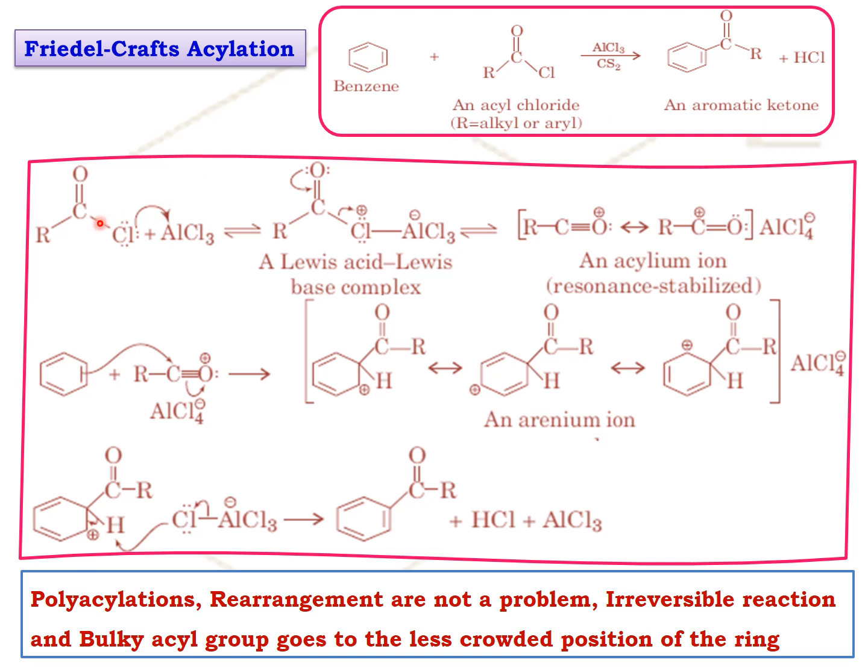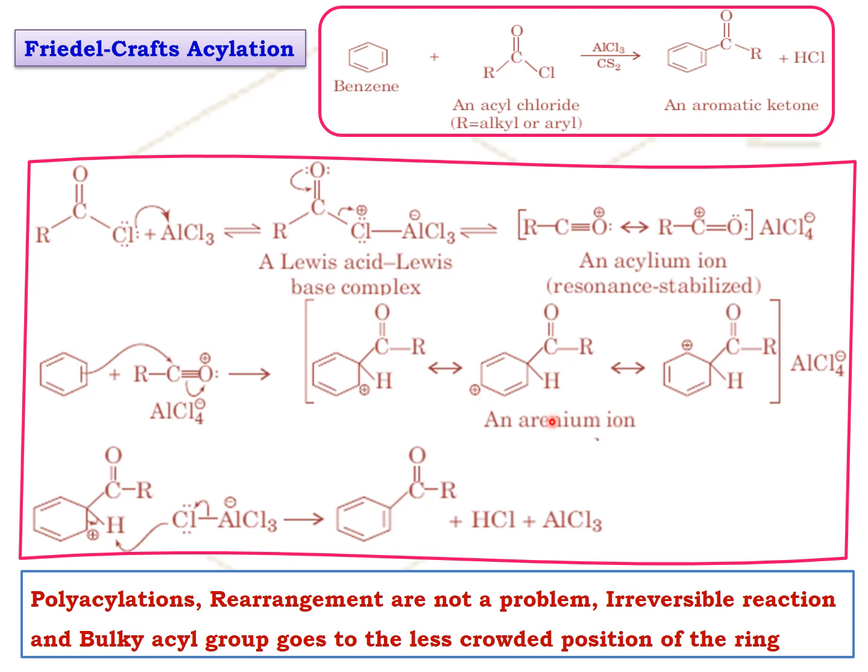The acyl halide reacts with the Lewis acid and forms a Lewis acid-base complex. The complex gets dissociated to form an acylium ion. This acylium ion was found to be resonance stabilized. This acylium ion attacks the benzene ring.